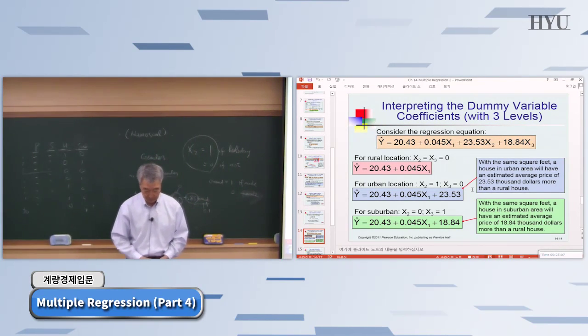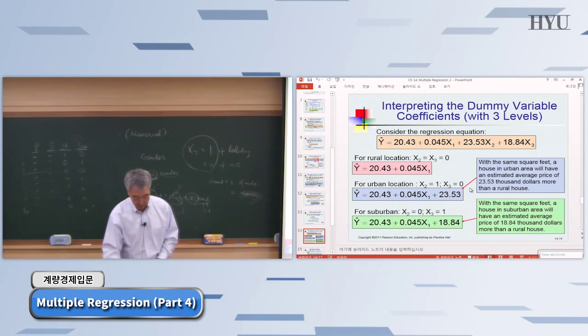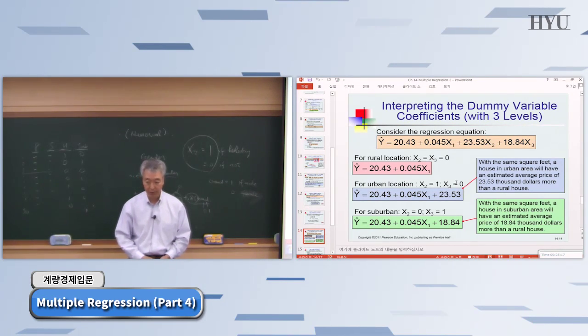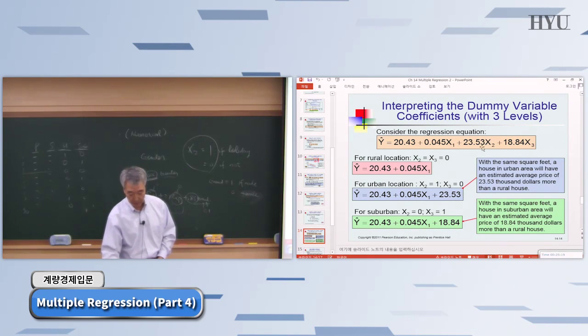Let's try to interpret the meaning. For a house located in a rural area, X2 will be 0. X3 will also be 0.